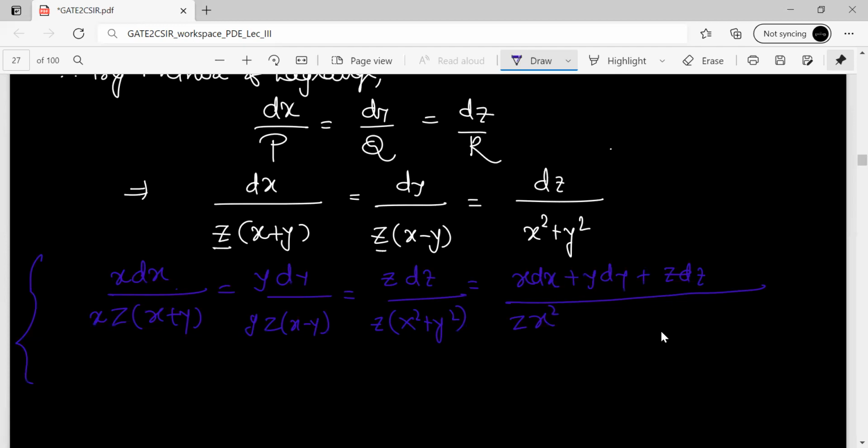So zx square plus zxy and plus xyz, and then minus zy square, and then plus zx square and plus zy square.